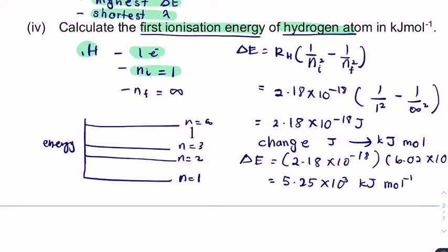Ionization energy means from n equal to 1, your initial energy level is promoted to infinity. So your electron moves from n equal to 1 to infinity. This one is for 1 electron.